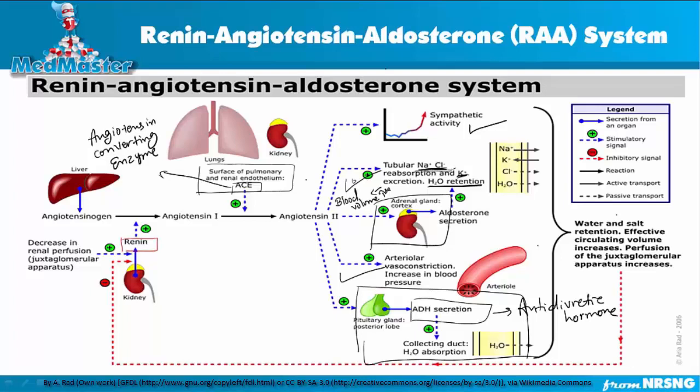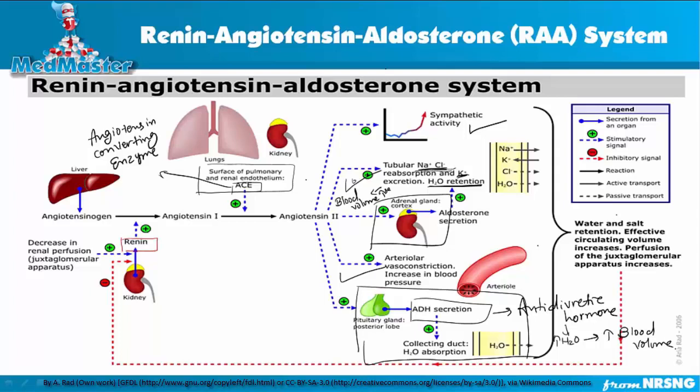What's this antidiuretic hormone going to do? It's going to increase the water reabsorption in the kidney, and it's going to increase blood volume, and that's how the kidney is going to get reperfused. So this is how basically the RAA system works.